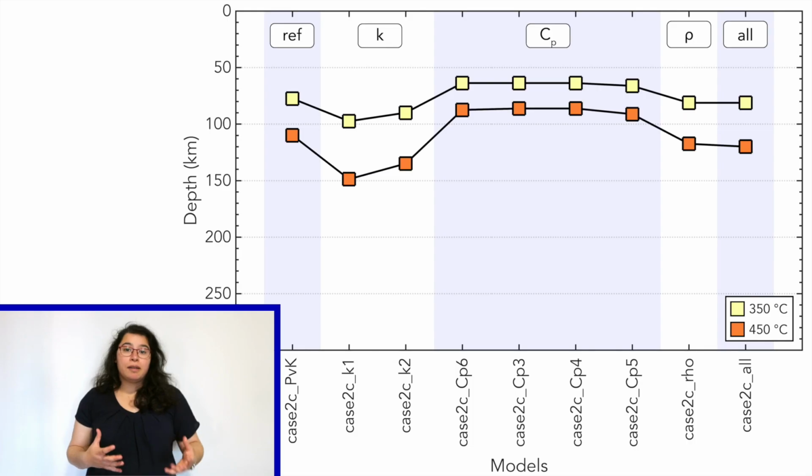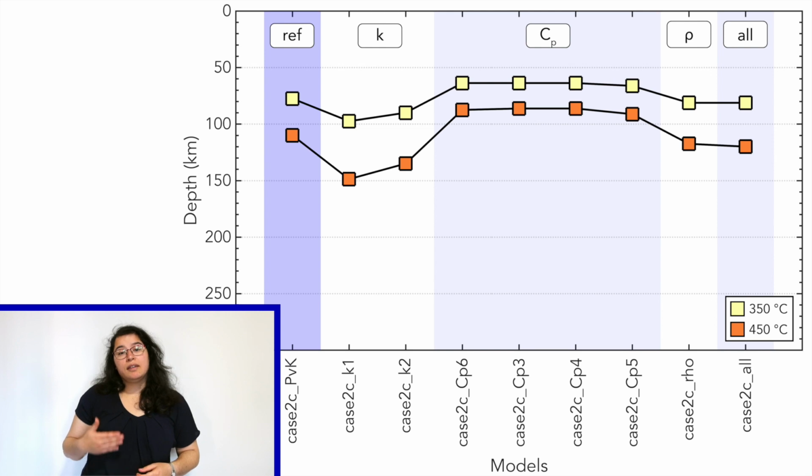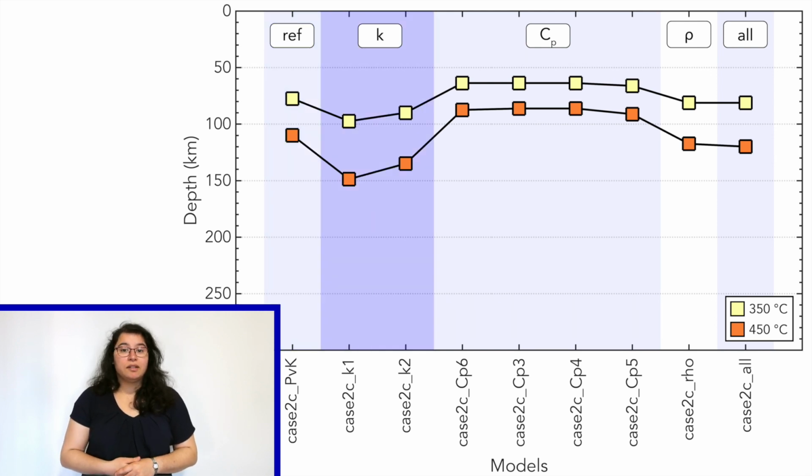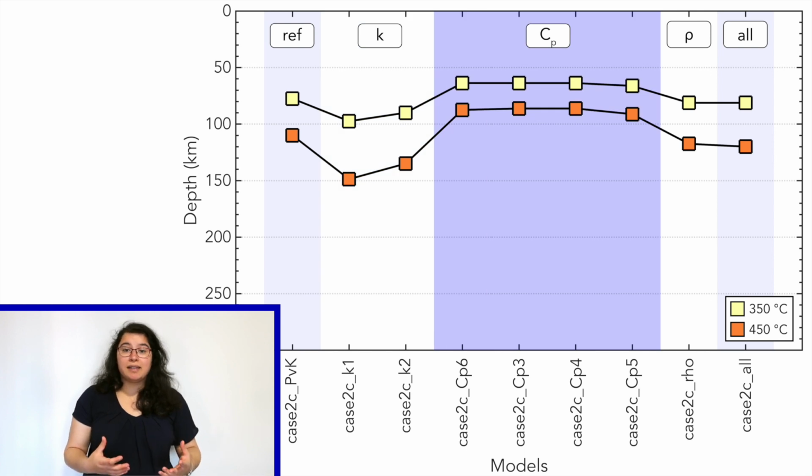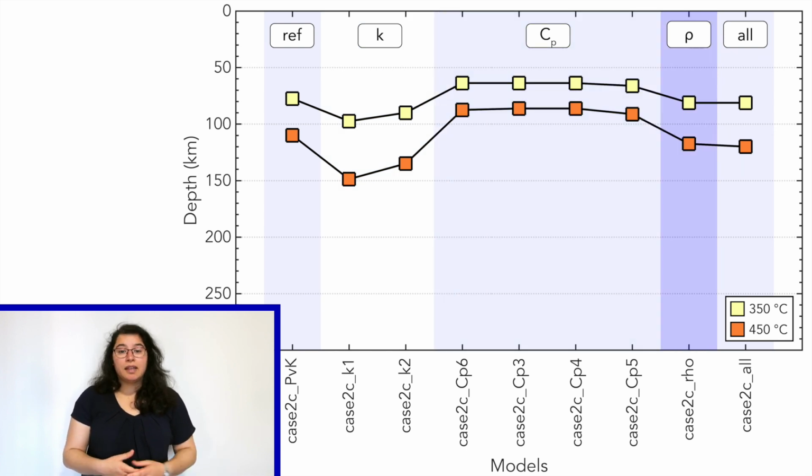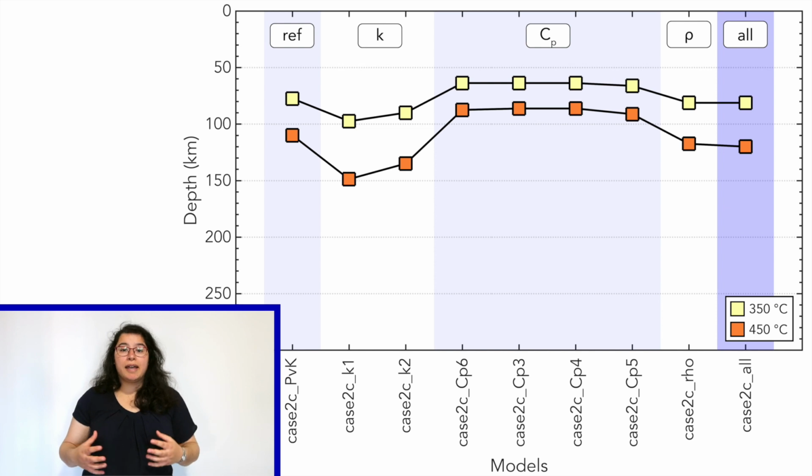We can also look at the maximum depths our temperatures or isotherms reach within all the models we used in this study. Here we have our reference model, the effect of different temperature-dependent functions for the thermal conductivity, different functions for the heat capacity, and the density. In the all model, we combine the preferred pink temperature-dependent functions of all three parameters.